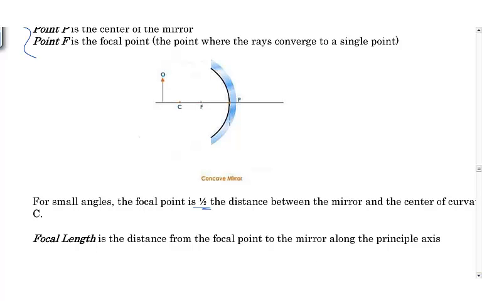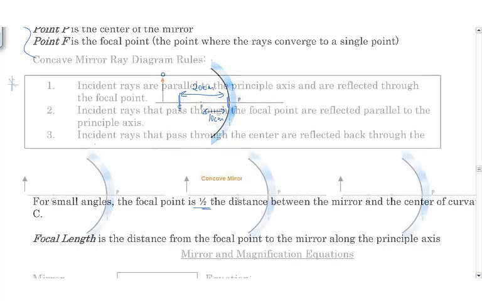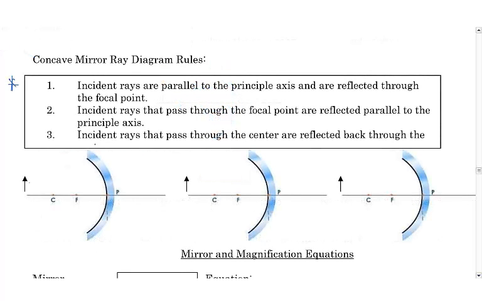For example, if I tell you that the center of curvature is 20 centimeters, that would be a distance of 20 centimeters from there to there. Then you would have to know that the focal length is exactly half that, so a focal length of 10 centimeters. In this section, we're going to learn about the concave mirror ray diagram rules and how they will help us find an image being formed.